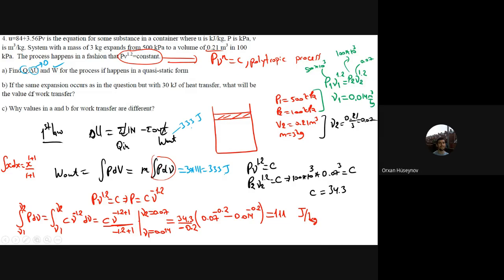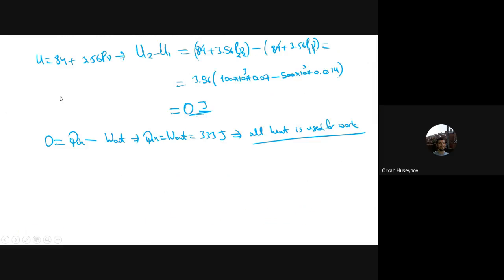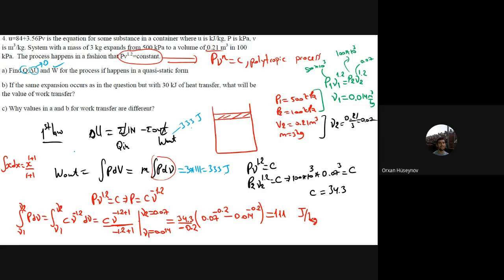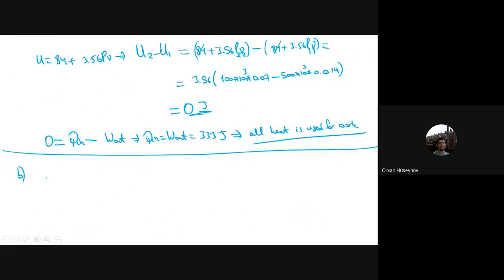Now the next part: if the same expansion occurs as in the question, but with 30 kilojoules of heat transfer, what will be the value of the work transfer? This is a very easy part of the question. In that case, you will have that 30 kilojoules of heat transfer.